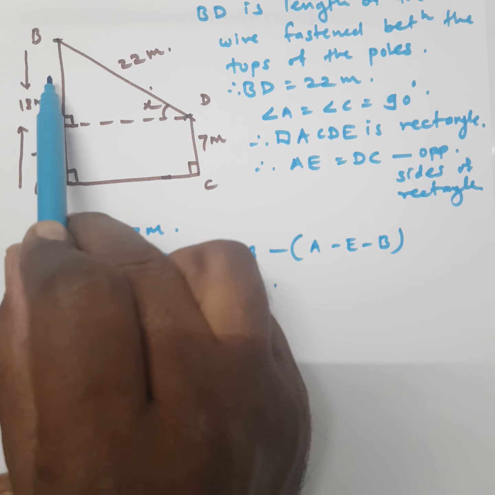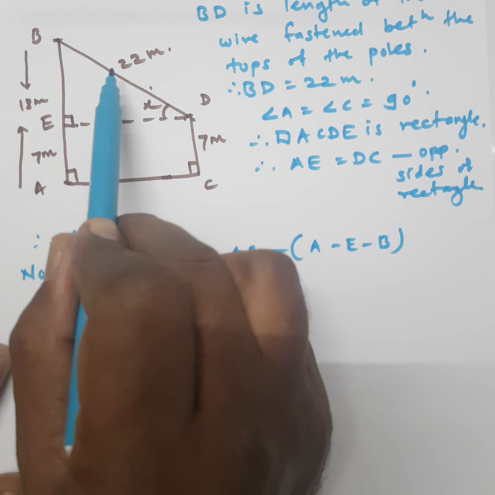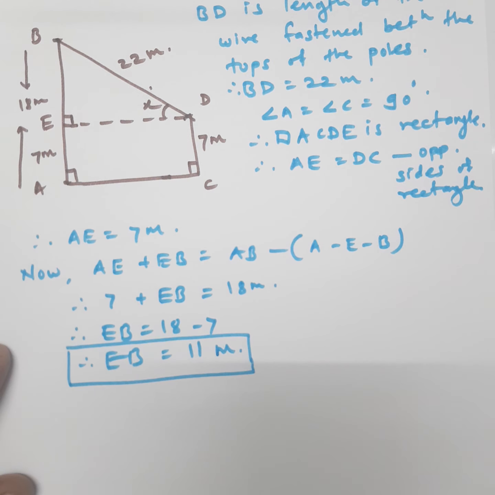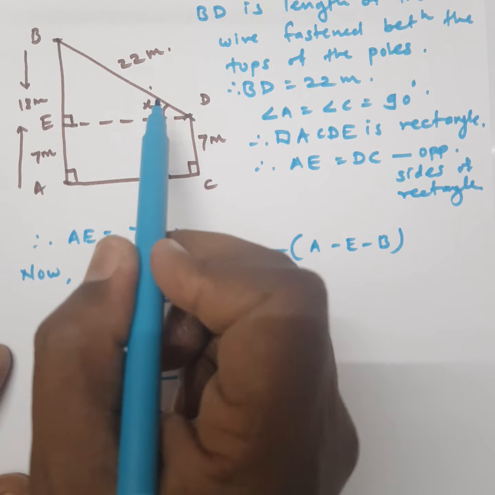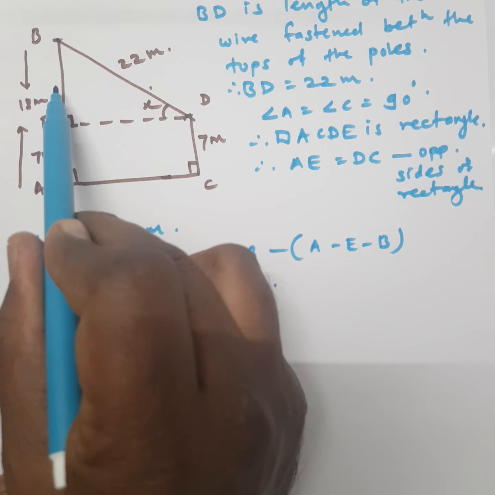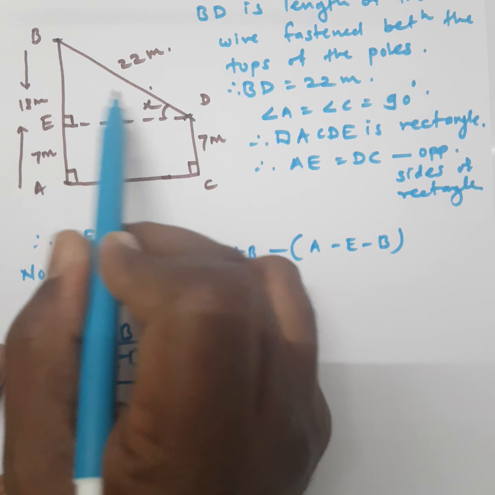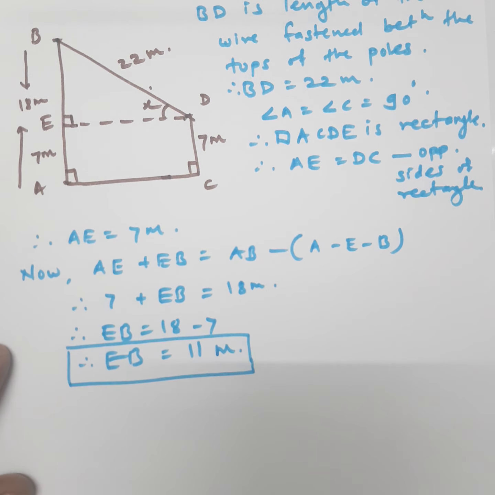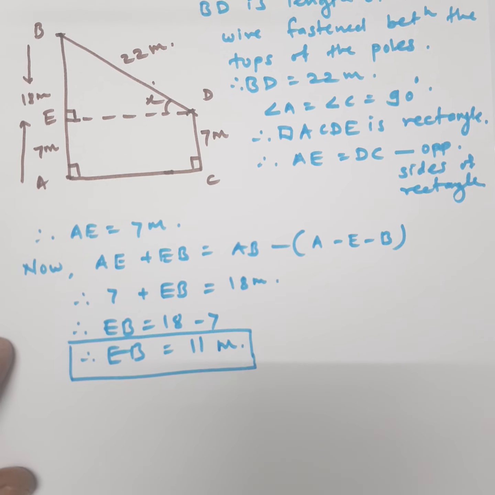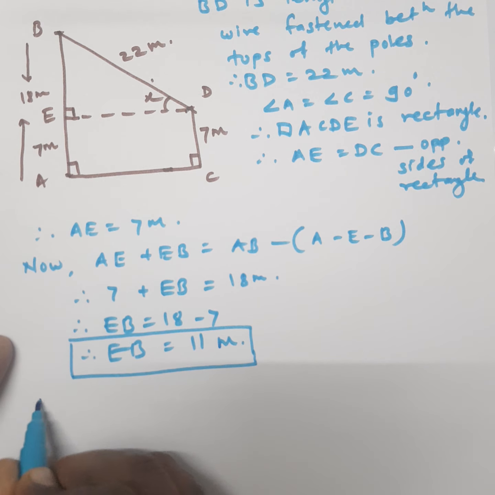EB is equal to 11 and BD is equal to 22. Means the opposite side of angle x and the hypotenuse of triangle BED are given. The ratio between them is the sine ratio. So we have to use the sine ratio here.